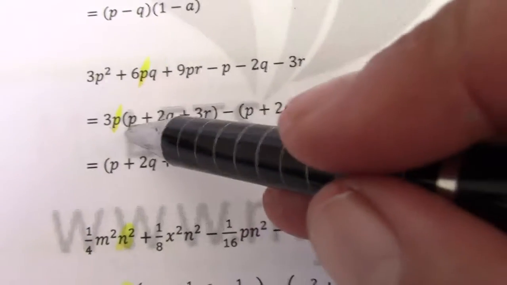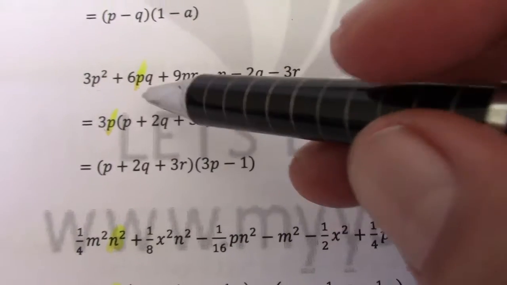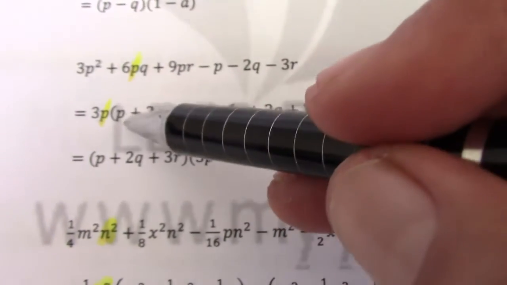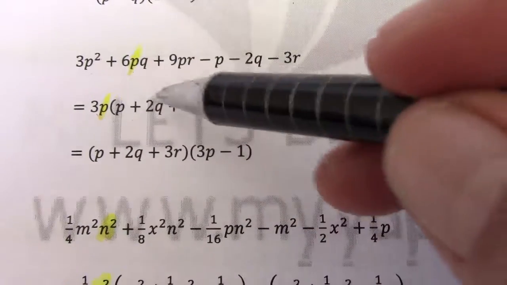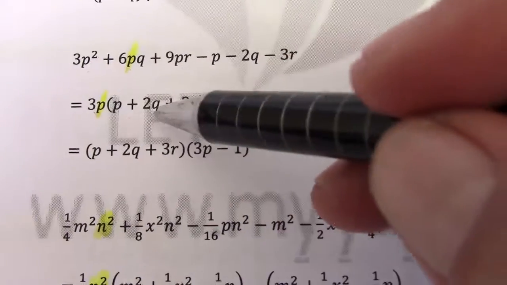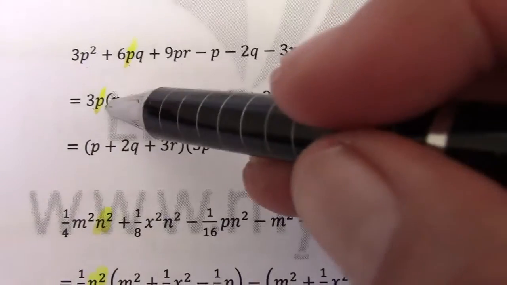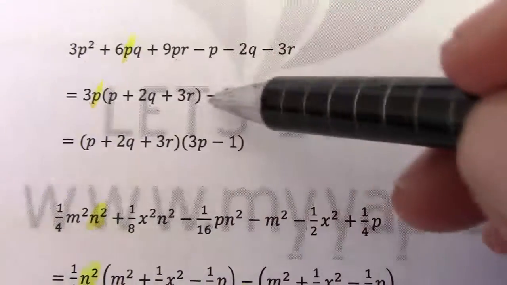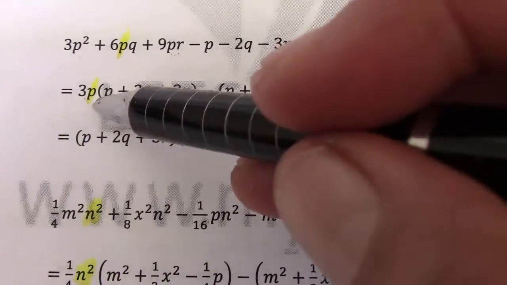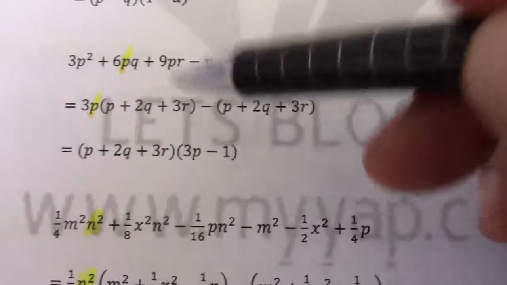So I take out 3P as a common factor. Should see there, 3 divided by 3, 1. P squared divided by P, P. 6 divided by 3 gives me 2. P and P cancels, I'm left with Q. 9 divided by 3 is 3. P and P cancels, I'm left with 3.